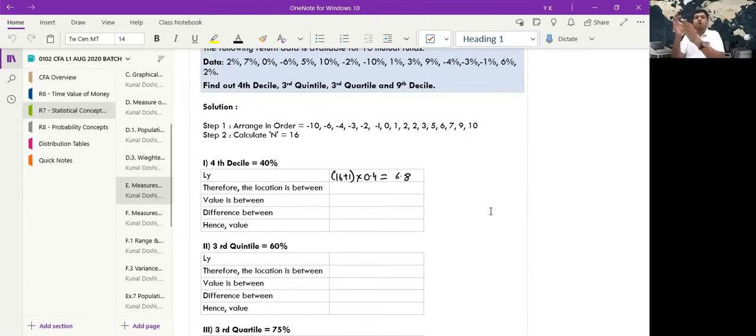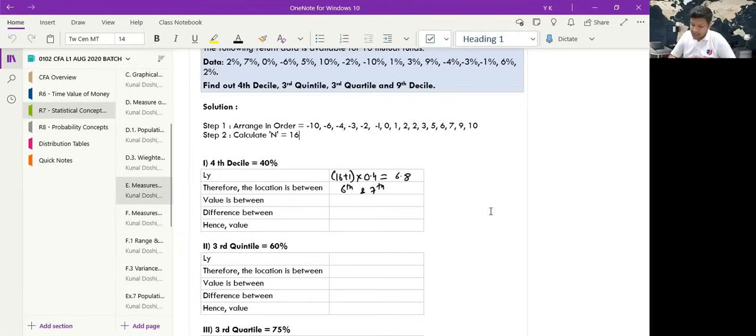So you are actually looking for a 6.8. That is your location. Neither 6 nor 7, your location is 6.8. But if we see the numbers, we have either the 6th or 7th number. So the location of our data is somewhere between the 6th and the 7th number, because 6.8 is between 6 and 7.